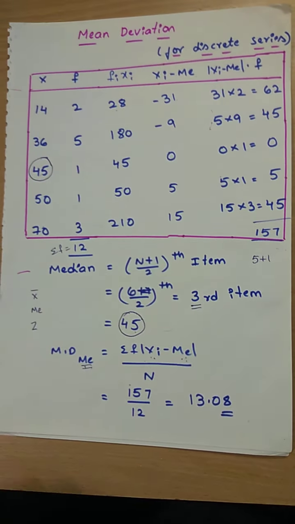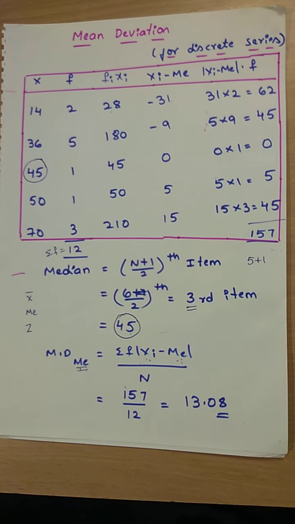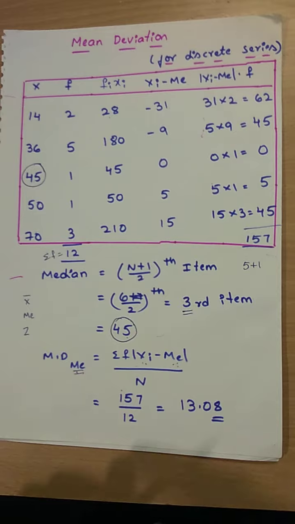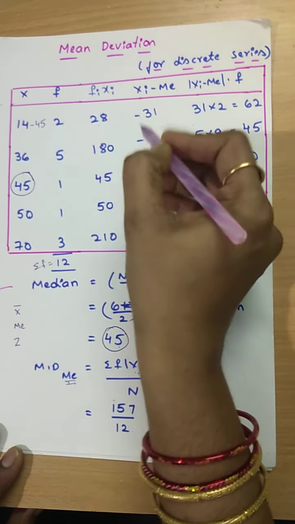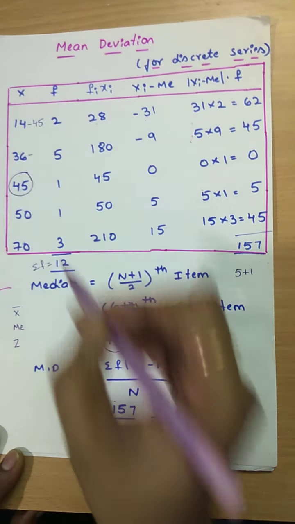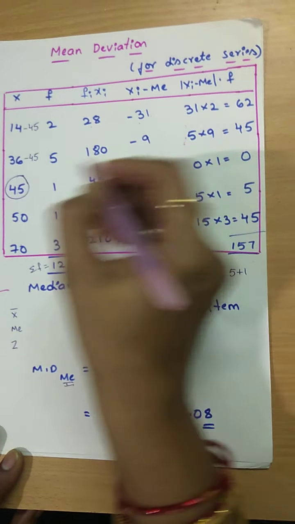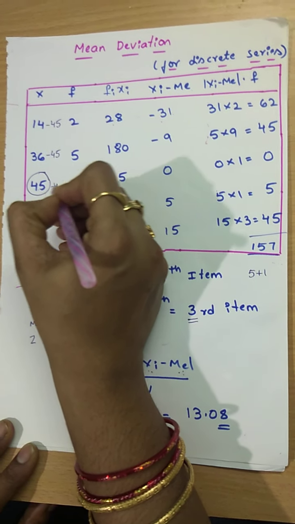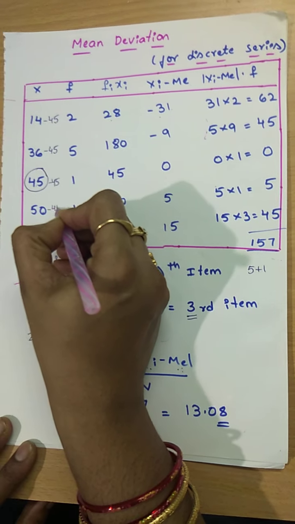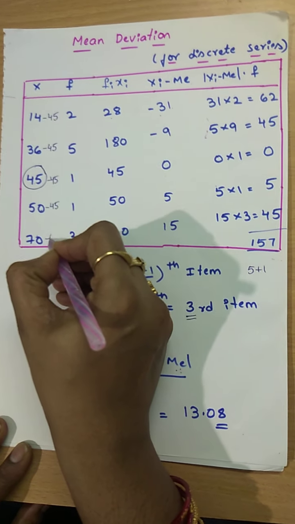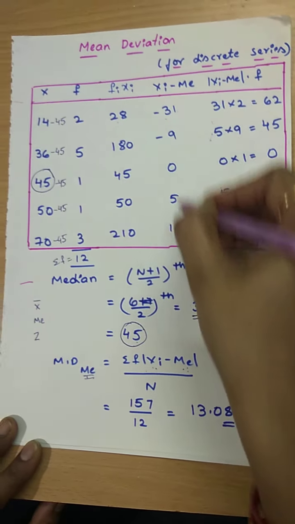So 14 minus 45 equals minus 31. 36 minus 45 equals minus 9. 45 minus 45 equals 0. 50 minus 45 equals 5. 70 minus 45 equals 25. These are the values.